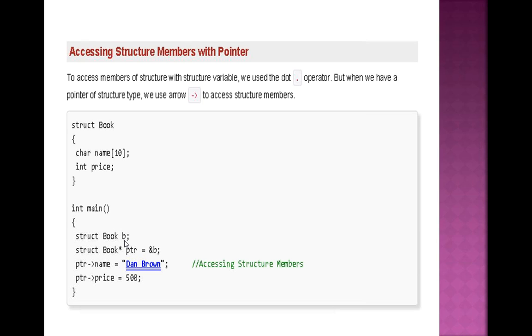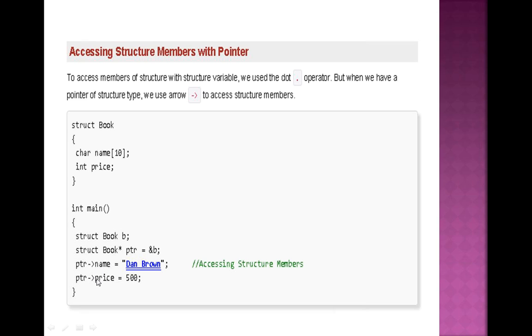Then how can we access the structure member? Using the arrow operator. Suppose I want to fetch the structure member name, then using the pointer variable ptr, use the arrow operator and then name, that is your Dan Brown. So this is how we can access it.